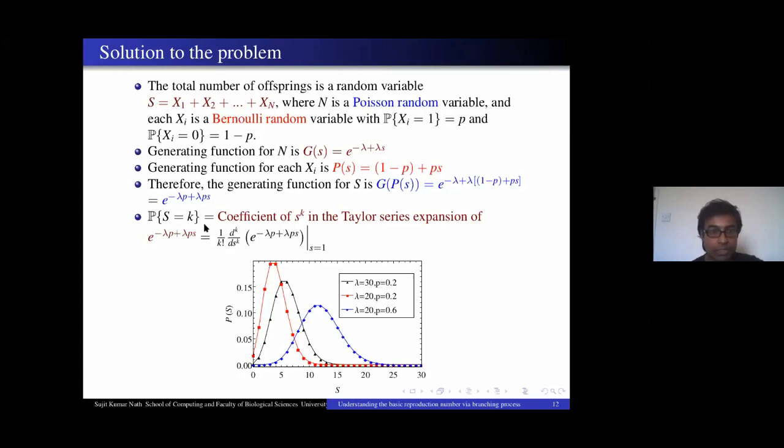So if I just collect the kth coefficient of the Taylor series expansion of this compound generating function, then I get the probability of S equal to k.